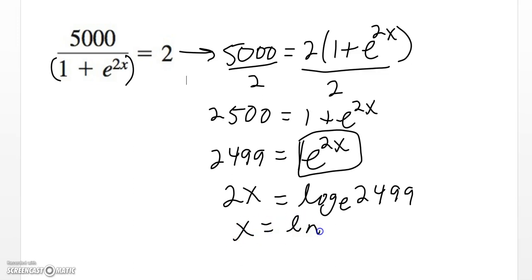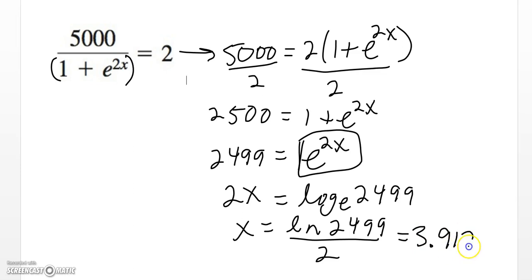So I'll just write this as the natural log of 2499 divided by 2, and we can punch that into the calculator. And that will be 3.912.